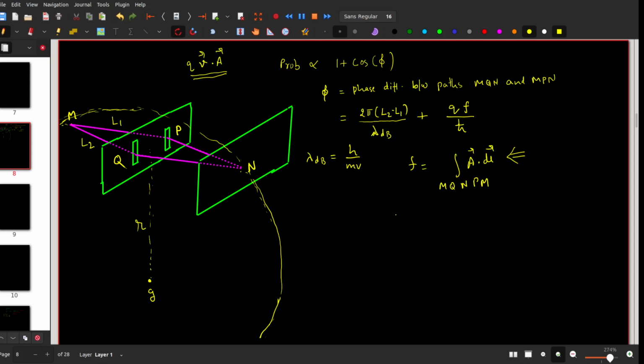If we apply Stokes' theorem, then there are two different surfaces that we may consider, where we may take the integral of curl of A. First is the surface which is inside of this loop M, Q, N, P, M. Suppose we call this surface S, which is inner to the loop, and we call S prime the outer surface to the loop.